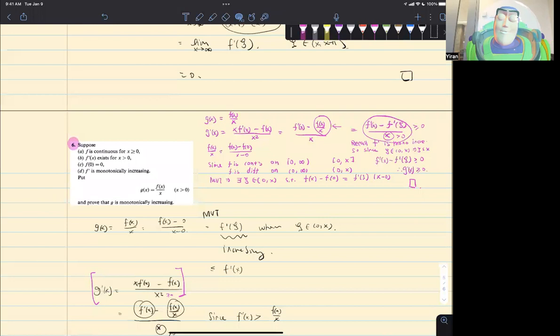For example, you need to translate this problem into this form, and you also need to realize that there is a reason the author gave us the condition f(0) is equal to 0, so we can translate this specific expression into this specific expression. And once you arrive here, you should realize the need to use the mean value theorem.